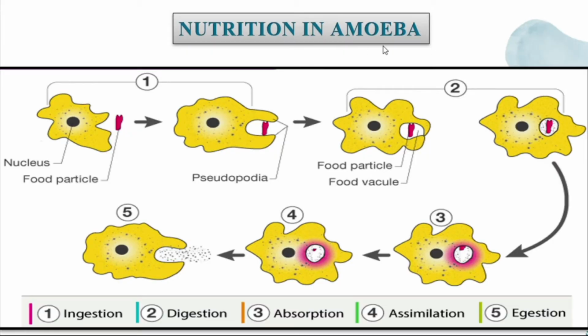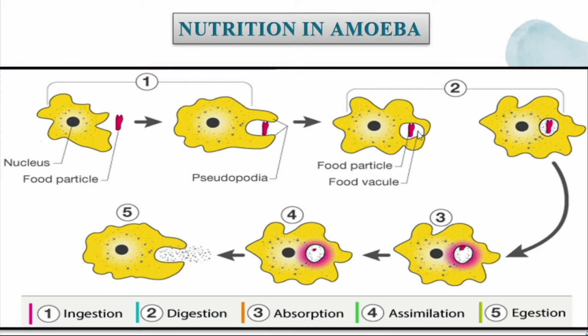Nutrition in amoeba. There are several stages in the nutrition of amoeba. See this picture. The nucleus is prominent inside the amoeba cell and the food is near. The false feet, called pseudopodia, capture the food.